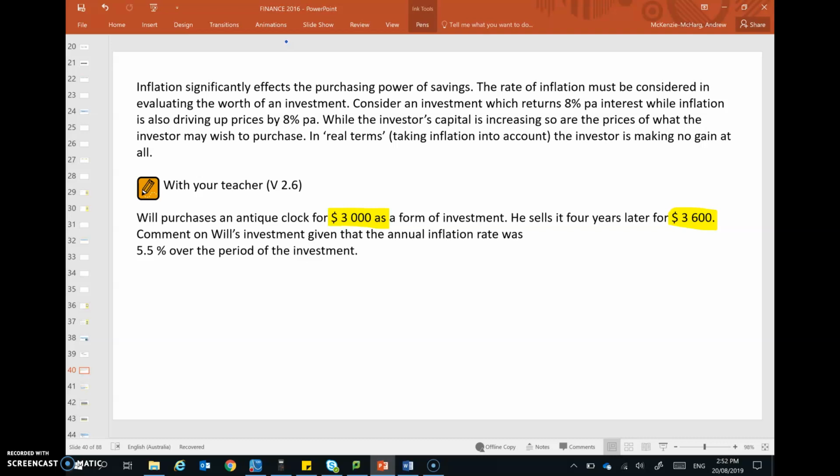How much does he need to increase it by to keep up with inflation? That's the question. So one way we could approach this is to see what rate of return Will got on his investment. So we could use the compound interest calculator to do this and have all these inputs. I'll write down what we're going to put in and then we'll see the strength of Will's investment. Okay, so 4 years, that's our number of periods.